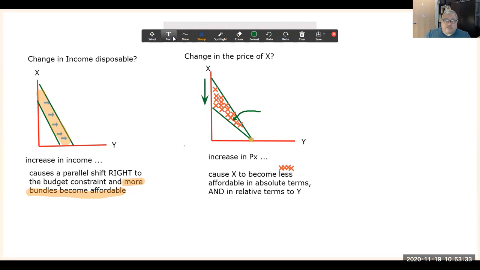You could also have a change in the horizontal axis price. Okay.